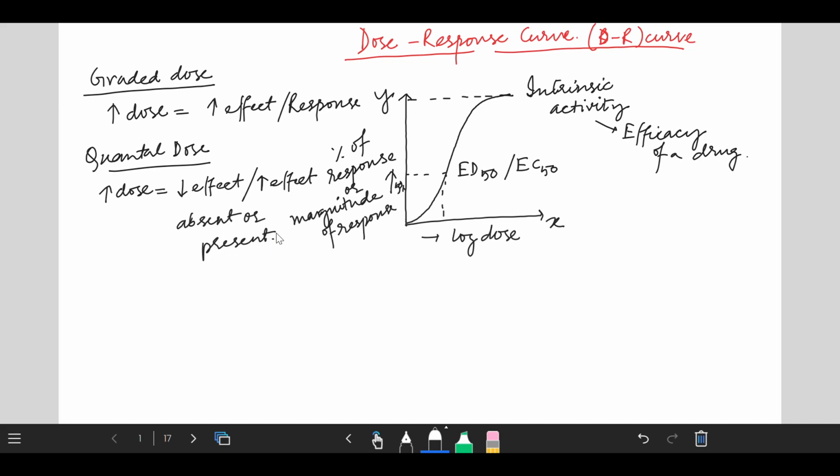Now, what do you understand by ED50? I have told that ED50 means the median effective dose.